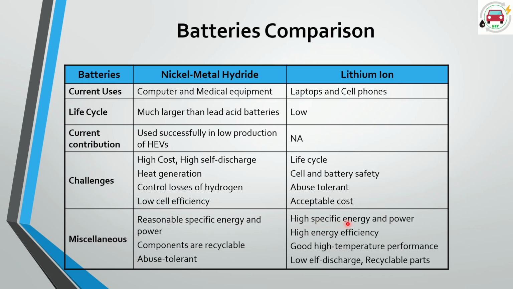So it has high specific energy and power, and high energy efficiency also. And it has good high temperature performance, because even if it gets heated, it gives a good performance. We also have low discharge and recyclable parts.